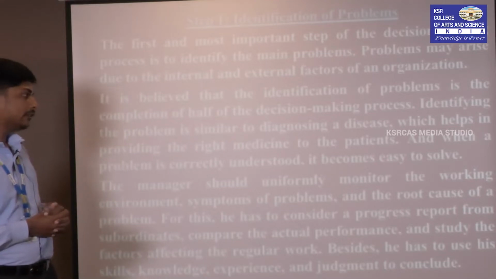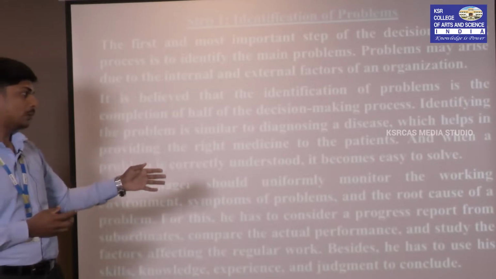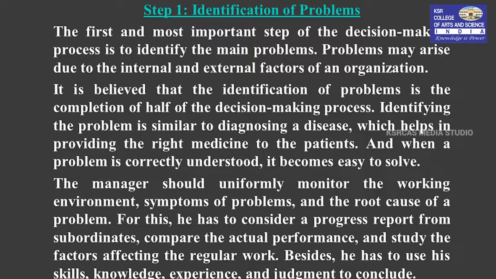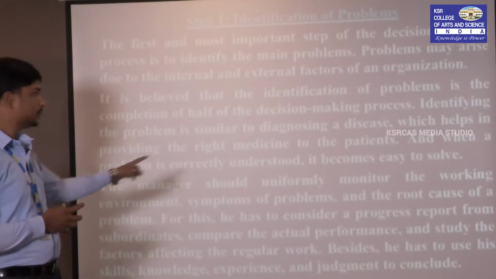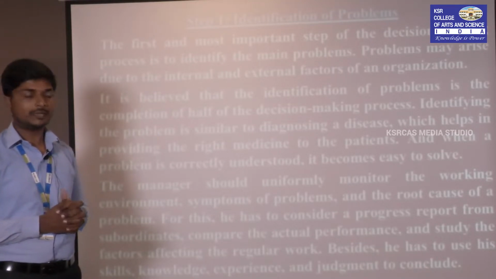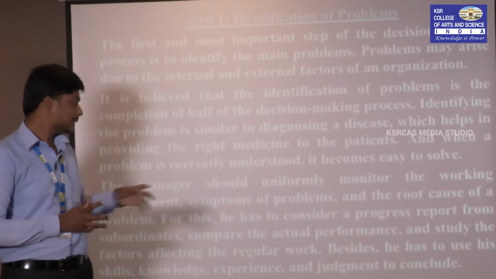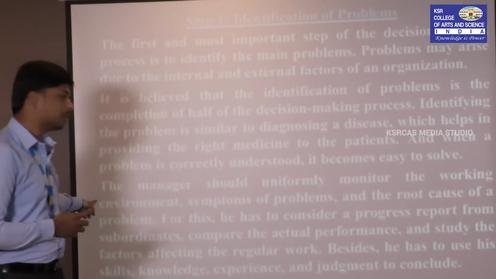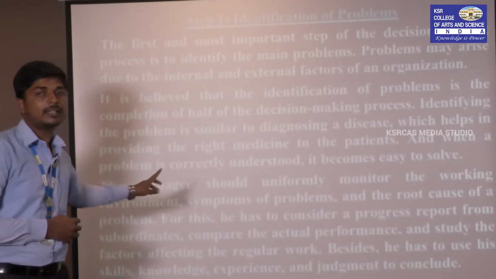The manager should uniformly monitor the working environment, the symptoms of problems, and the root cause of a problem. Of course, the manager should maintain feedback about the working environment and the symptoms of the problem. Where the problem arises, they particularly monitor the symptoms and the root cause of the problem, because it is a basic thing for the manager taking decisions.